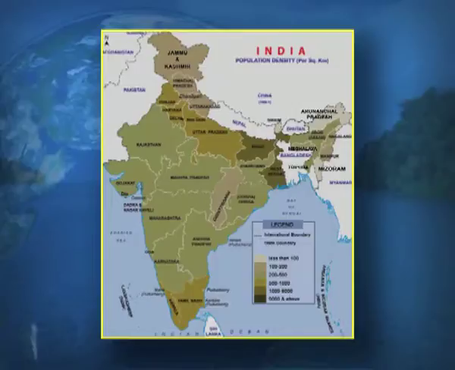Again on this map, you can have a view of the different colors, which indicate that the darker the color, the more the density of population, and the lighter the color, the lower the density of population.